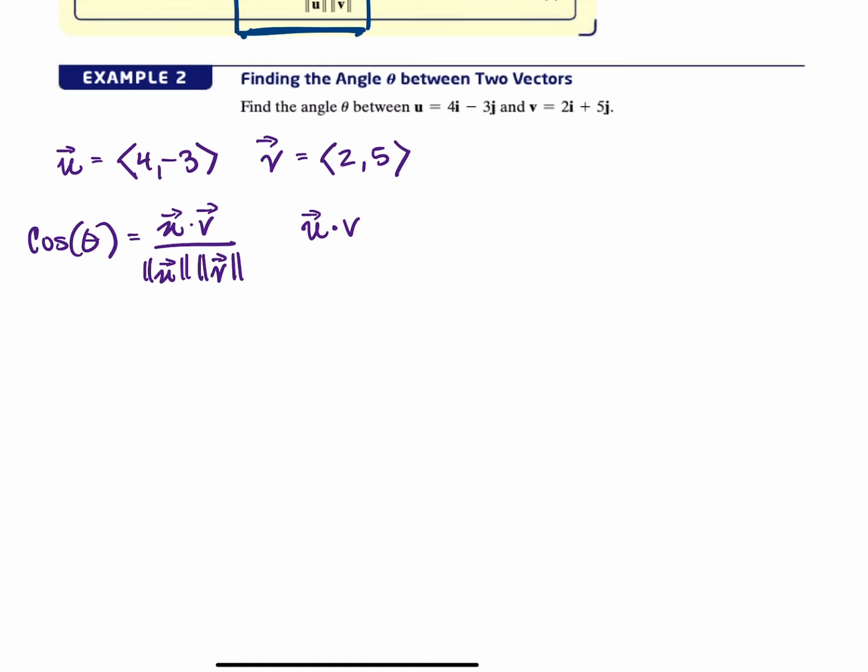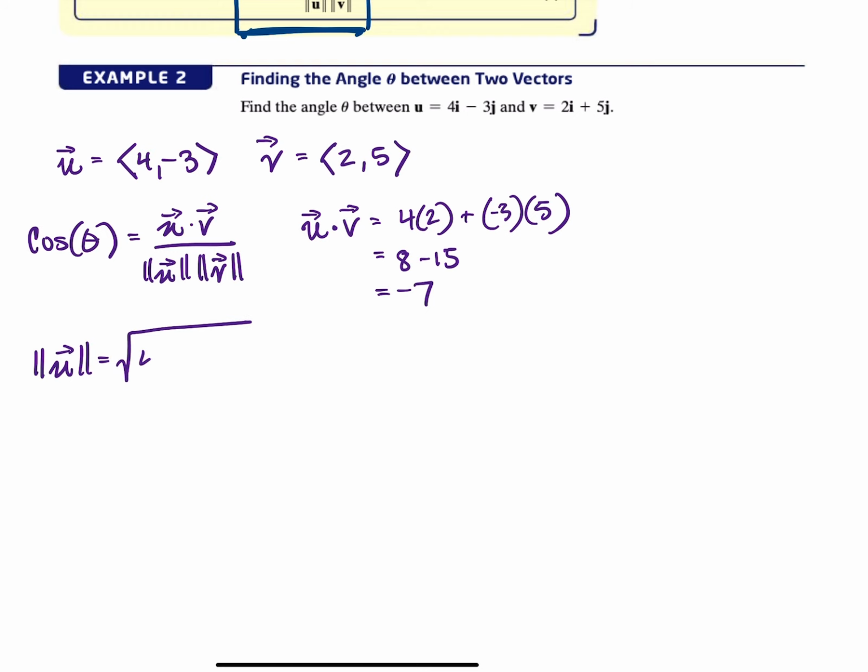So u dot v should be 4 times 2 plus negative 3 times 5, or 8 minus 15, which is negative 7. Then let's find the magnitude of u. That would be the square root of 4 squared plus negative 3 squared. That looks like the square root of 16 plus 9, or root 25, which will give us 5.